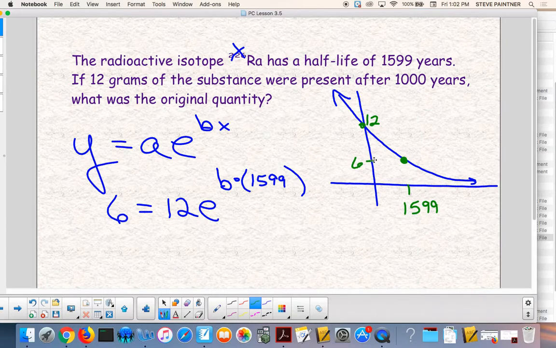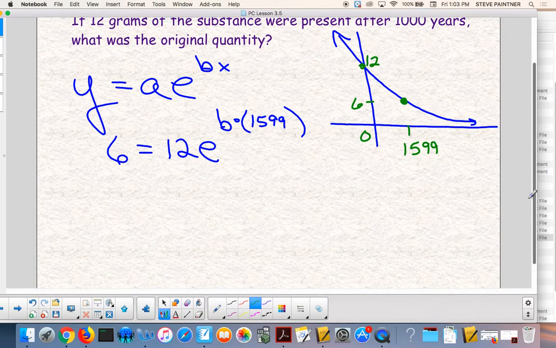Half of it, 6. So you get what's happening here? This is the timeline. 0 gets you 12, 1599 gets you 6. More or less, you should be able to solve for B now. Go get it.